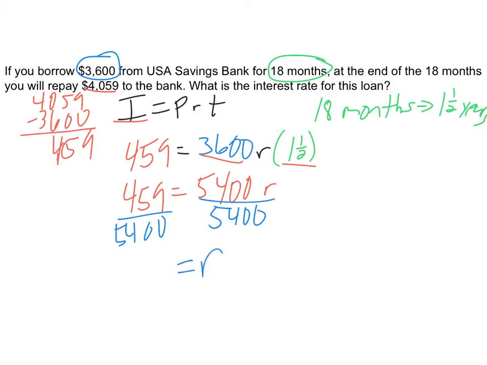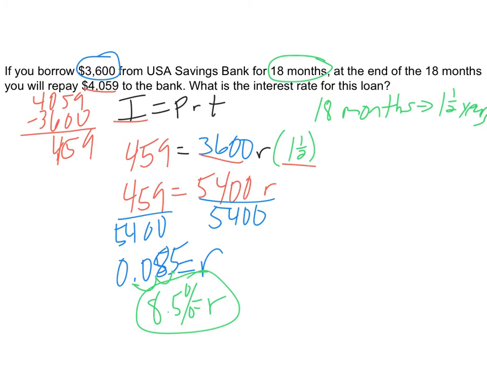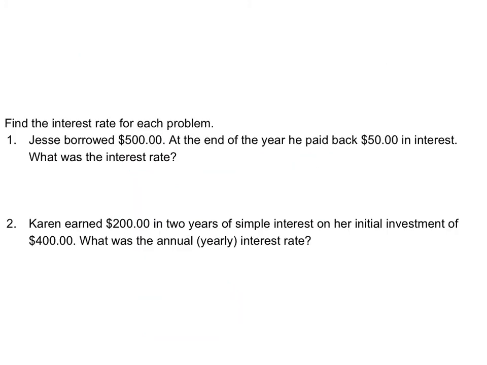And I get an R value of 0.085, which again, we want to turn into a percent, so I move the decimal point over 2 spots, making it 8.5%. Go ahead and pause the video and find the interest rate for these two problems before hitting play and seeing how you did.